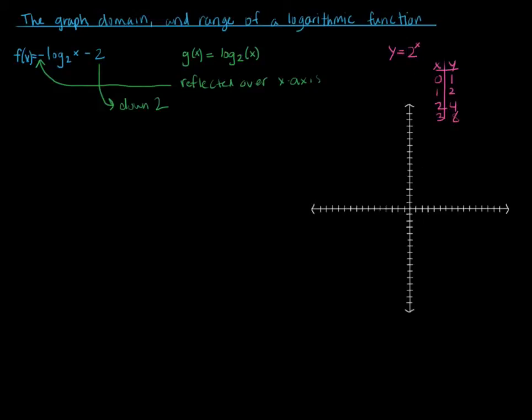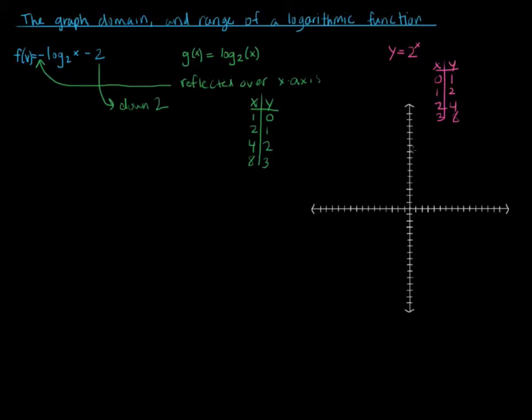Okay, so our logarithmic function is going to be the inverse of that. So it's going to be 1, 2, 4, 8. I'm just copying the y column, and then 0, 1, 2, 3. So let's go ahead and graph this function.